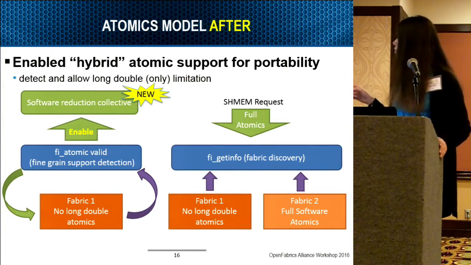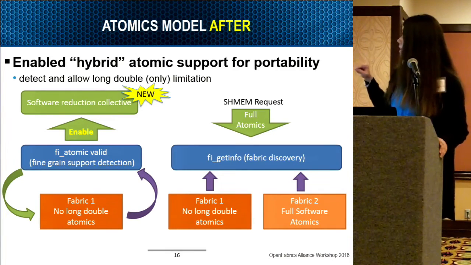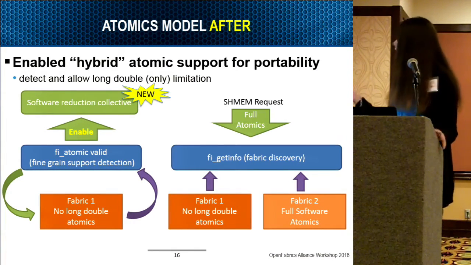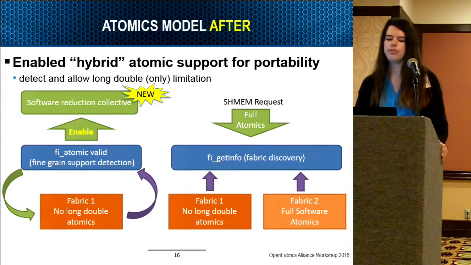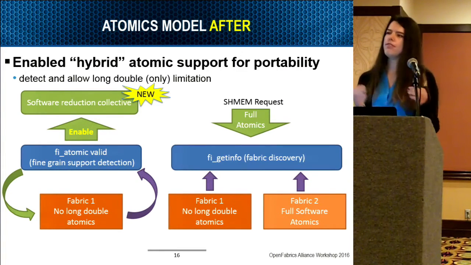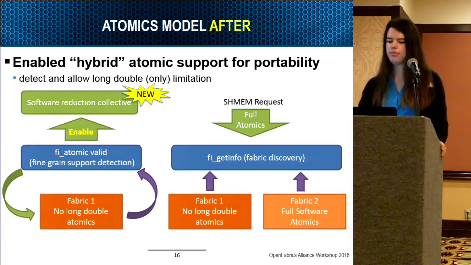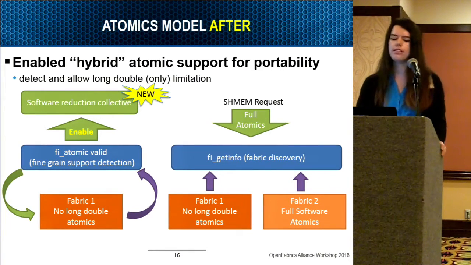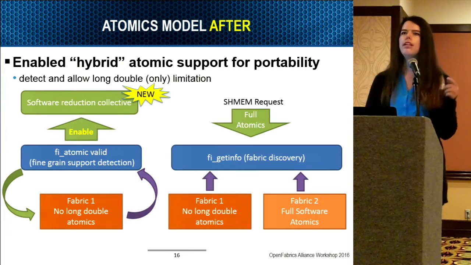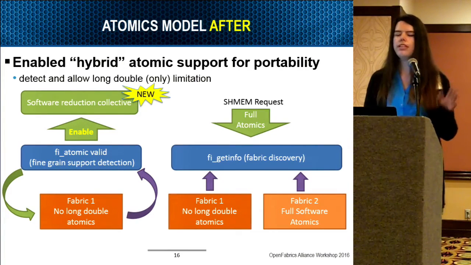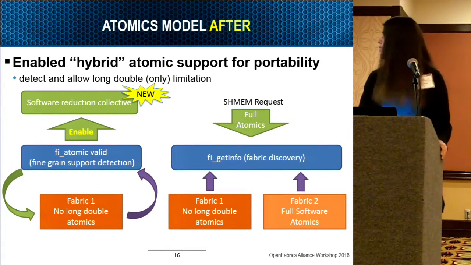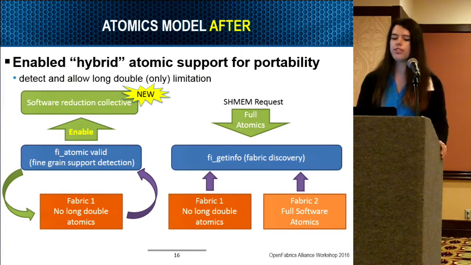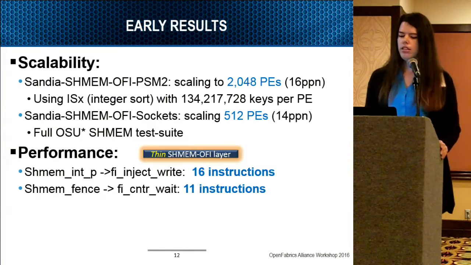So now we've lifted that initial fi_getinfo restriction so that later, in the fi_atomicvalid detection, we're able to detect at a very fine granularity exactly which limitation there is in the fabric, and if it's long double, then we automatically hook into our recursive doubling software atomic implementation of the reduction collective.